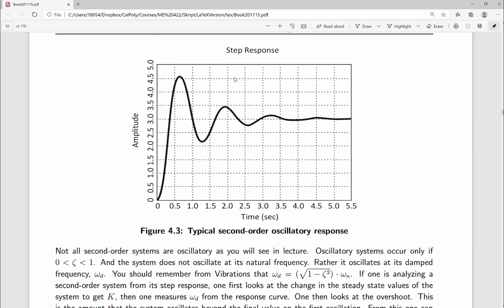If you're trying to go from one temperature to another and you had a lot of overshoot, you could increase the temperature to a point that you were melting things or damaging something because the temperature got too high. This often happens with second-order systems.